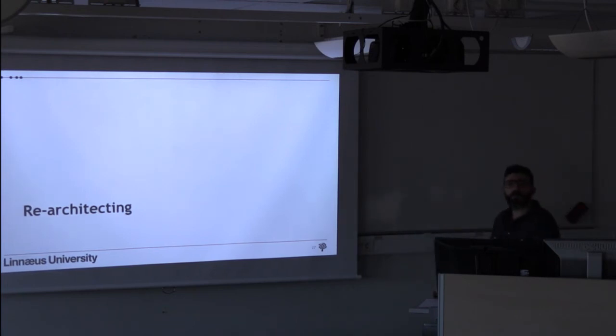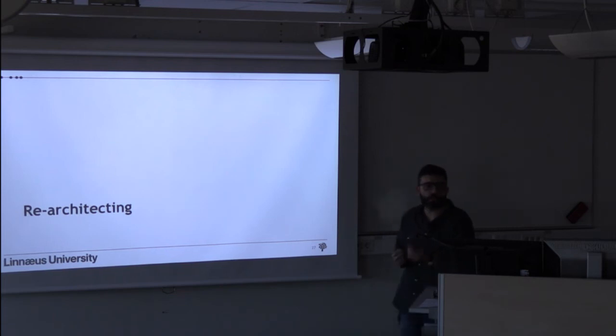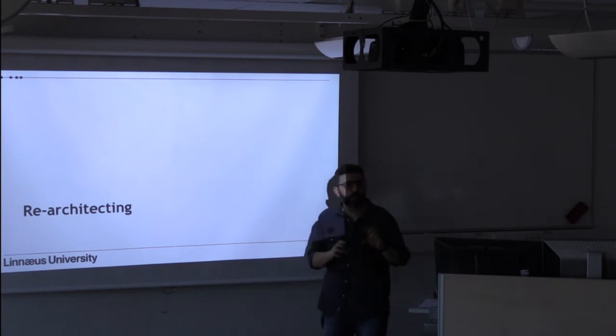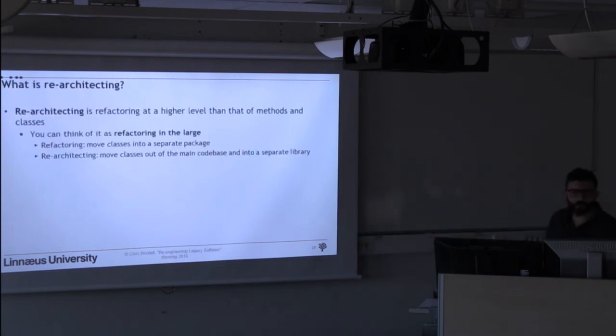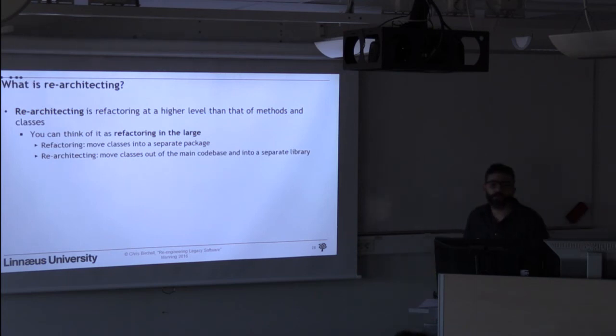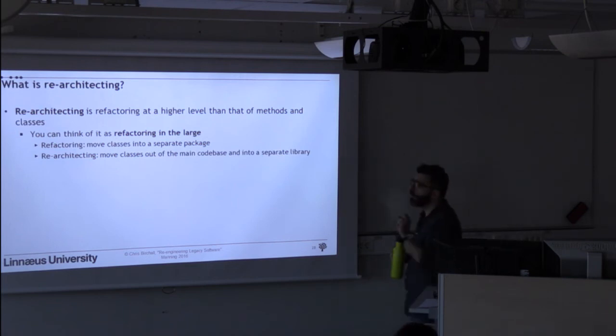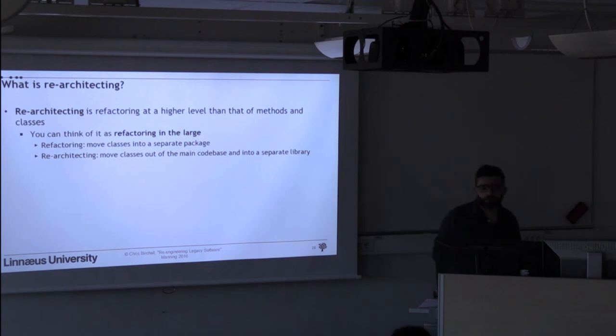Okay, so fixing the bugs in the methods could be not enough. For improving the quality, we also need to change the overall structure of the system. For example, changing the dependencies between one subsystem and another subsystem, and so on and so forth. Then re-architecting is just refactoring, but at a higher level. Okay, not in terms of methods and classes, but in terms of subsystems.